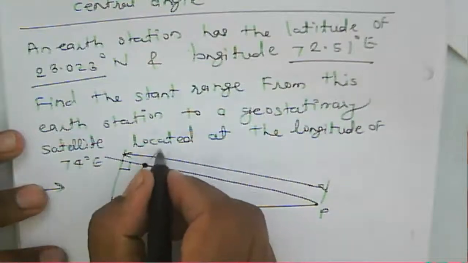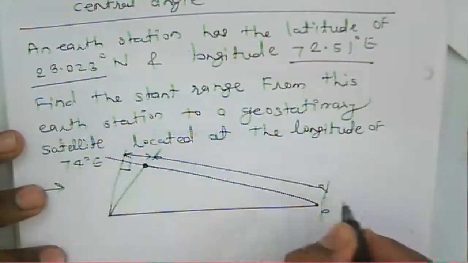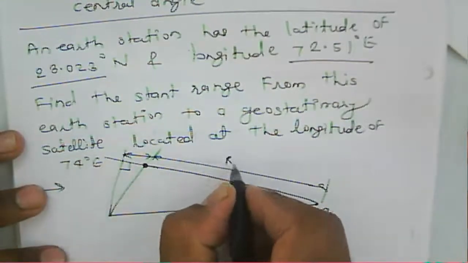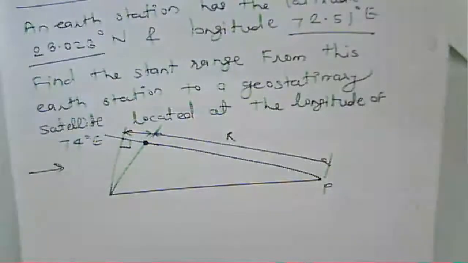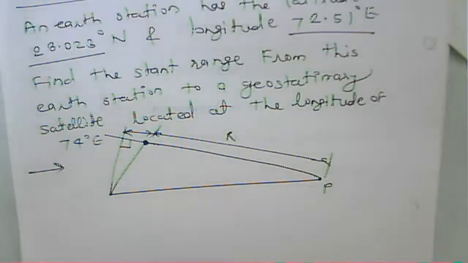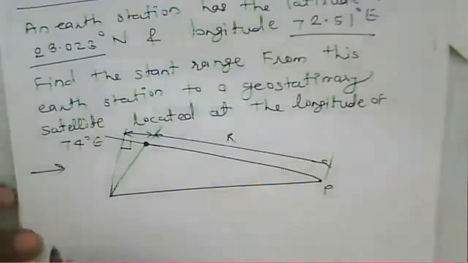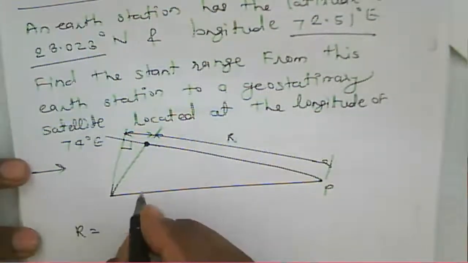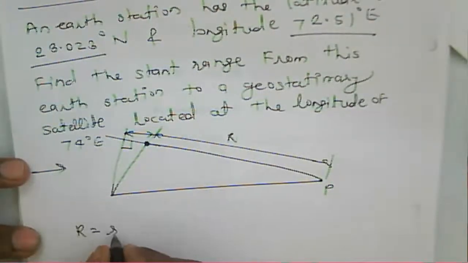So this distance is different. From the earth station to this is nothing but the slant range. So our aim is to calculate the slant range. To calculate the slant range, R is equal to what?